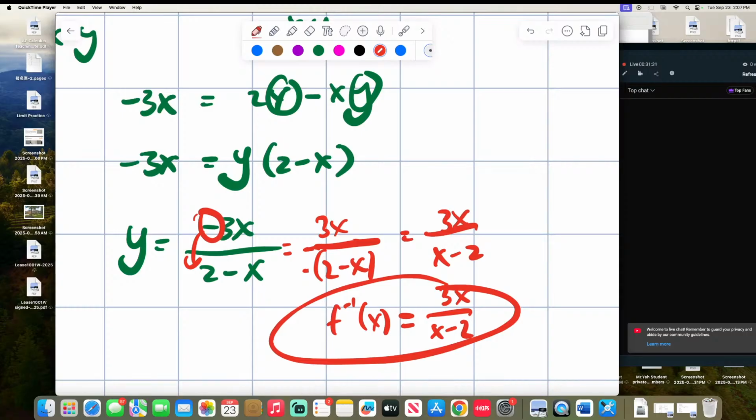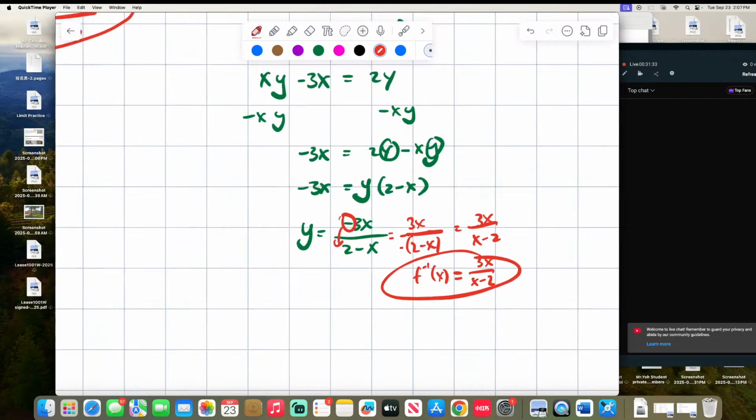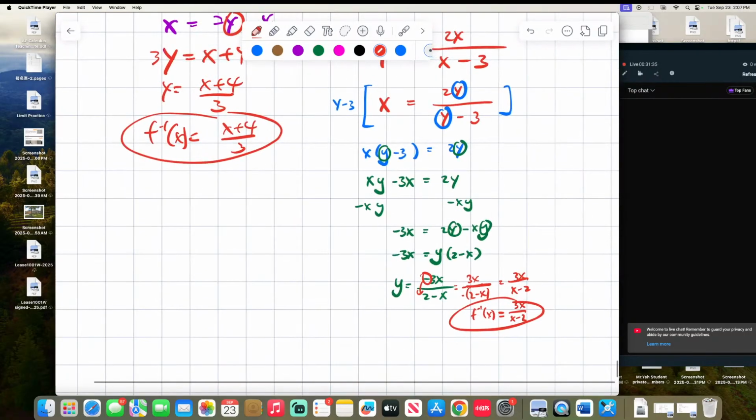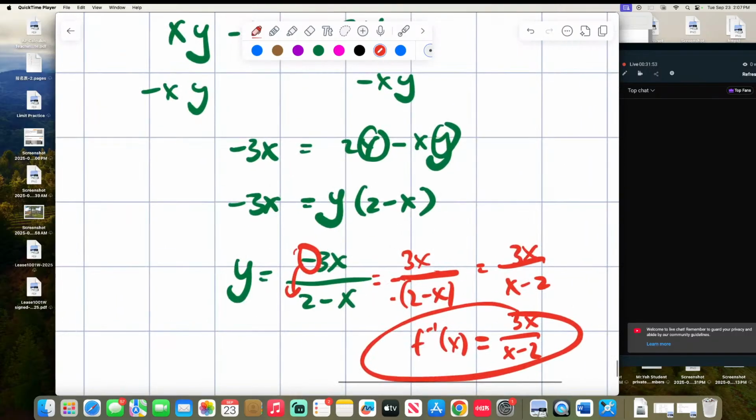I have a question. Yes. When you get the 3 to the other side, you have to divide by negative 3? Which 3? The negative 3x. No, I don't need to move it to the other side. I'm dividing by 2 minus x on both sides, because I want to isolate the y.